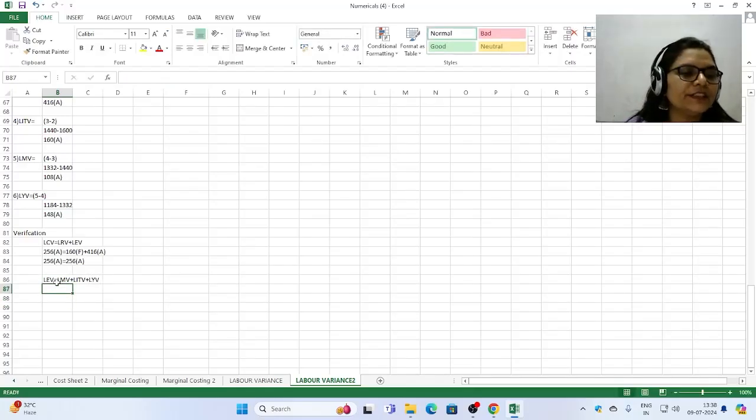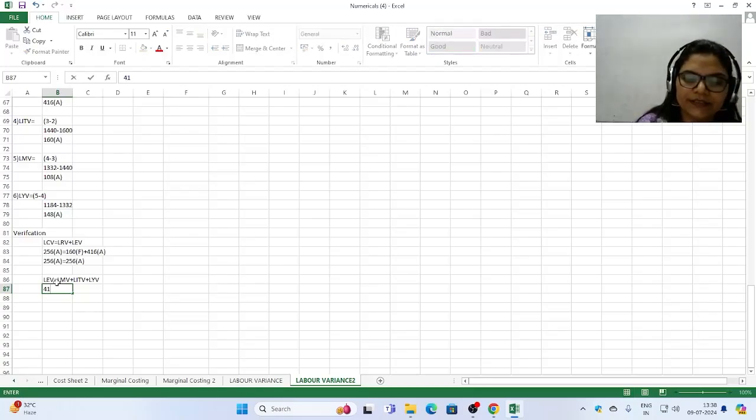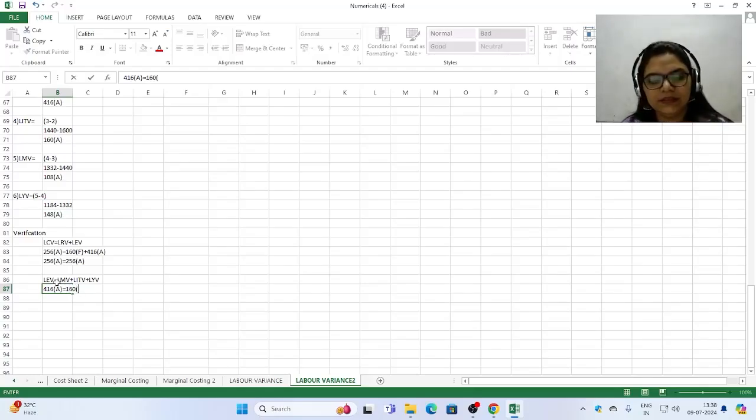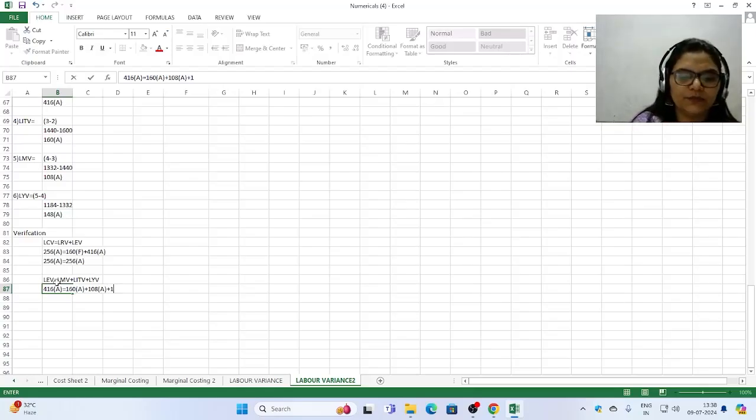Now labor efficiency variance is 416 adverse is equal to 160 adverse plus 108 adverse plus 148 adverse.